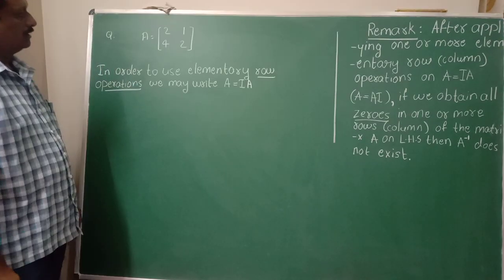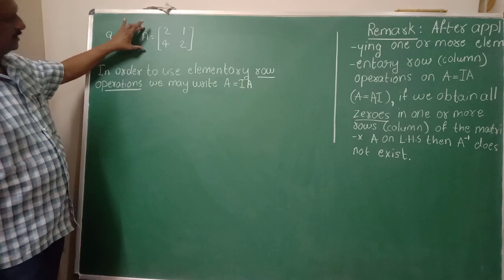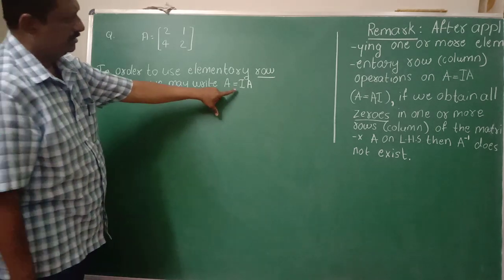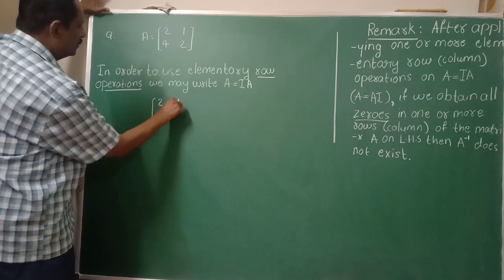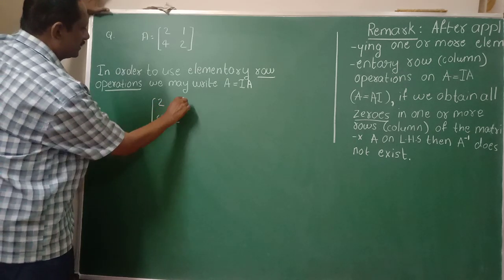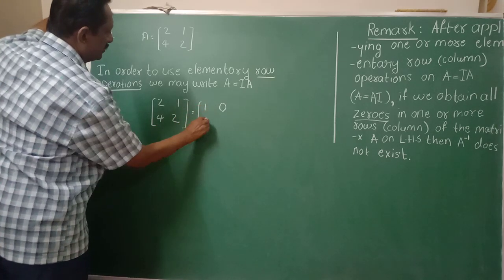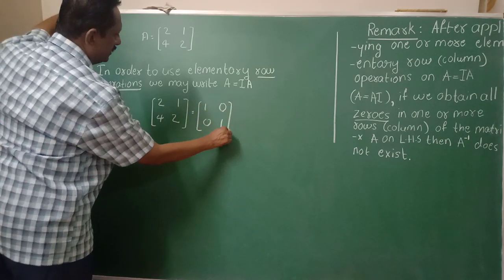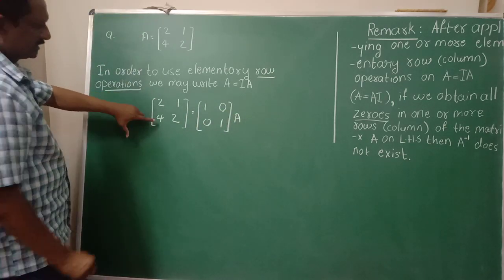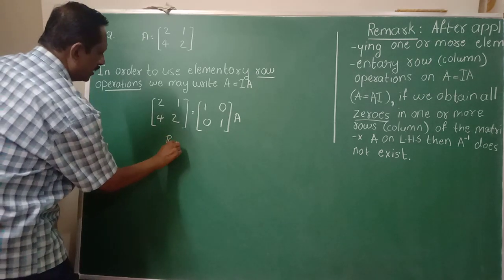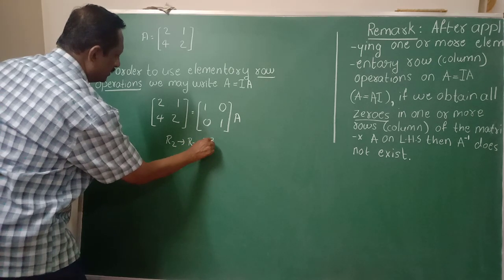Here is the next example. Here also we use a row operation. So write A equals I into A, where A is the given matrix: [2, 1; 4, 2] equals [1, 0; 0, 1] into the matrix A. Here we multiply by 2 and subtract: R2 becomes R2 minus 2 into R1.